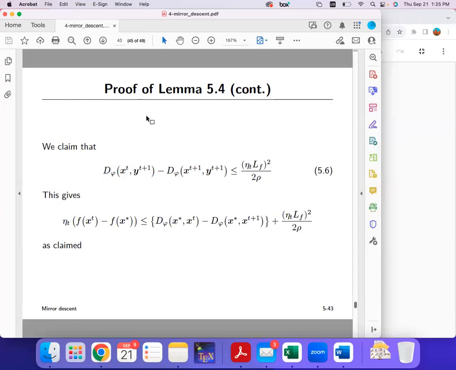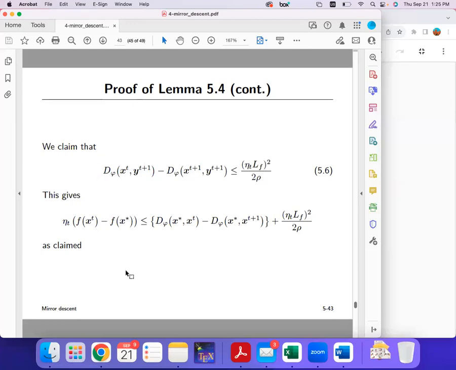And we can claim that the second difference term can be controlled by roughly the step size to the power of 2. We claim this can be done, and then we plug this back into the previous inequality, and we will get the desired result.